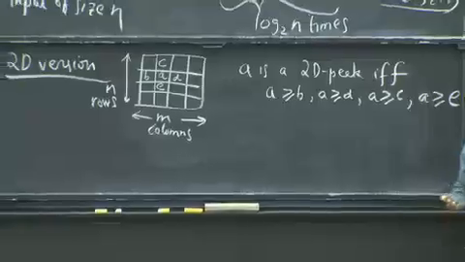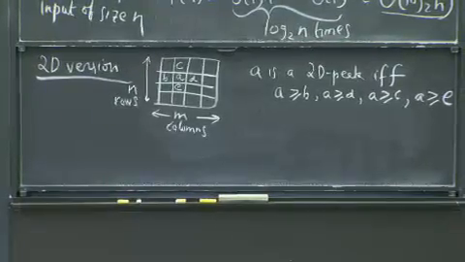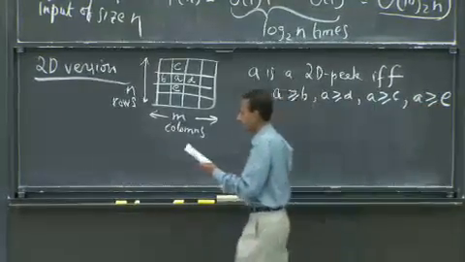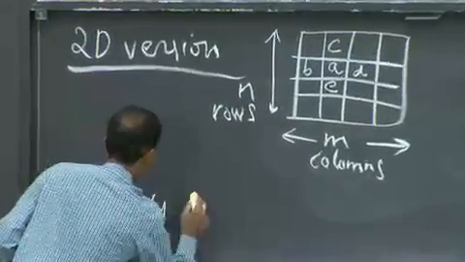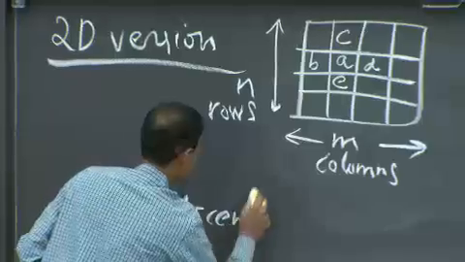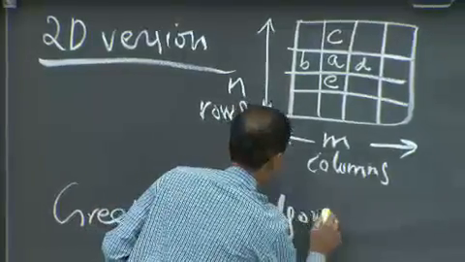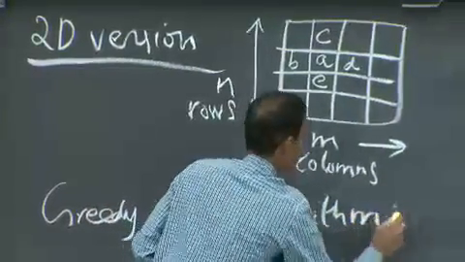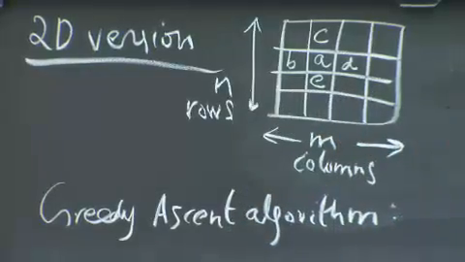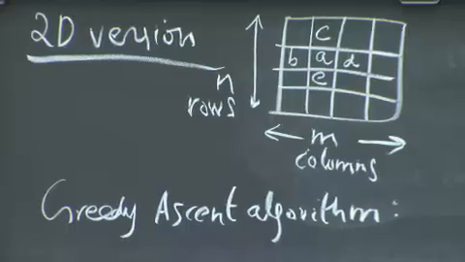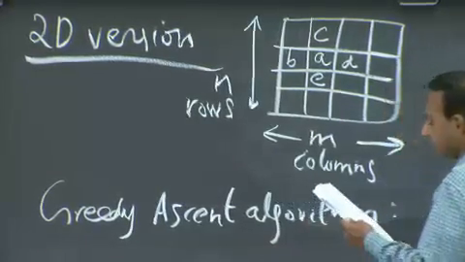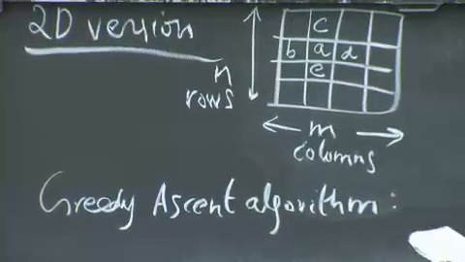Now, again, I'll give you the straightforward algorithm, and we'll call it a greedy ascent algorithm. The greedy ascent algorithm essentially picks a direction and tries to follow that direction in order to find a peak.